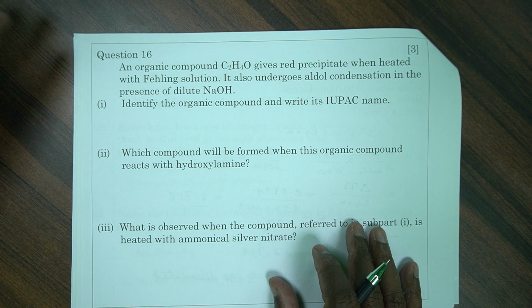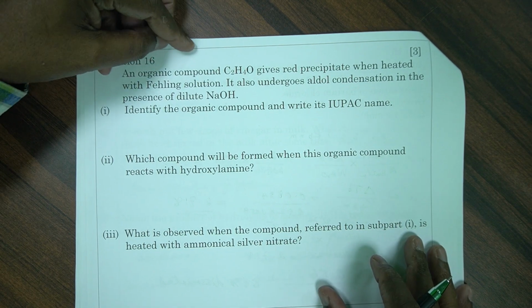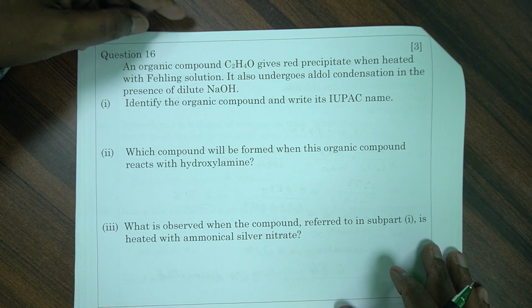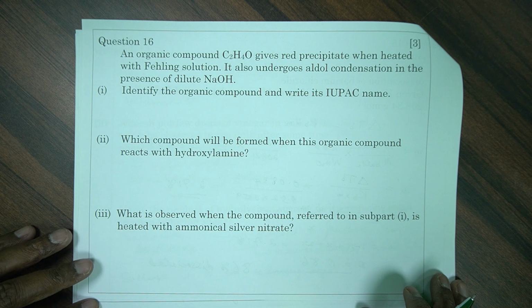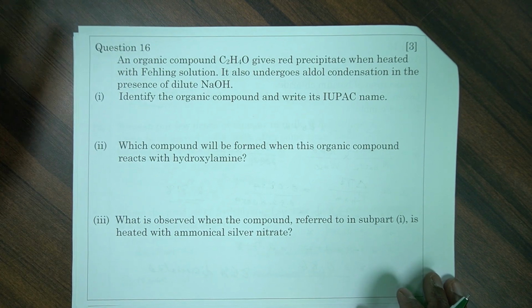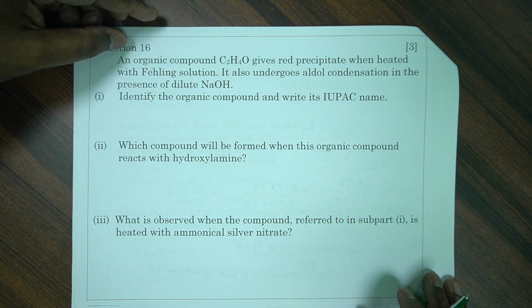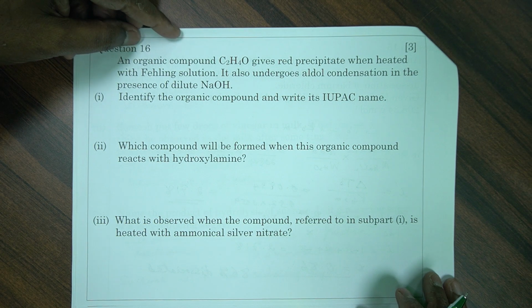The 16th question. An organic compound C2H4O gives red precipitate when heated with Fehling solution. It also undergoes aldol condensation in the presence of dilute NaOH. Identify the organic compound and write its IUPAC name.